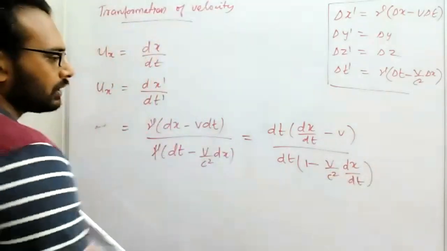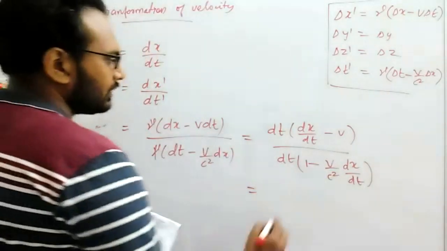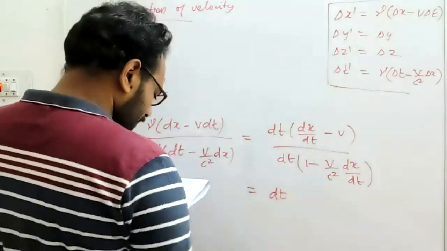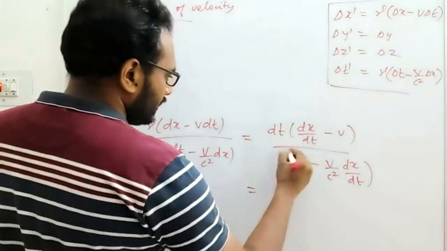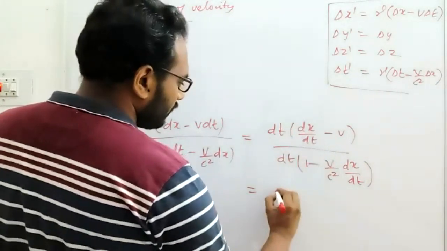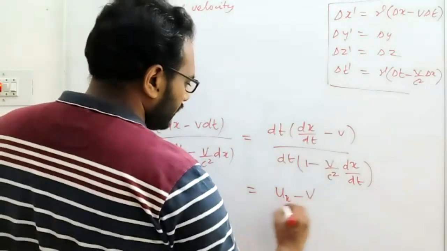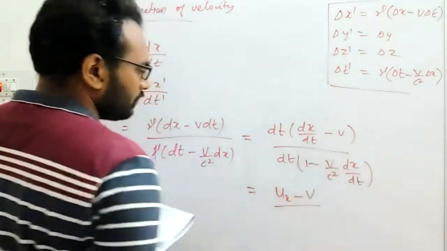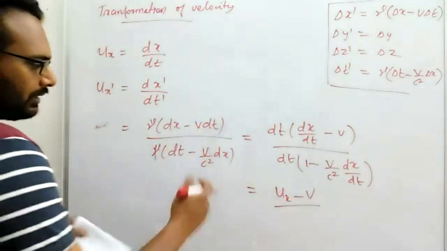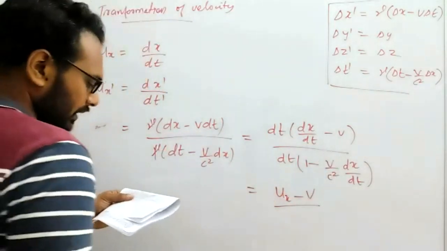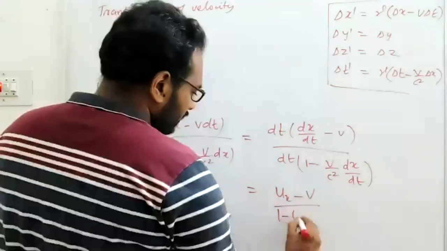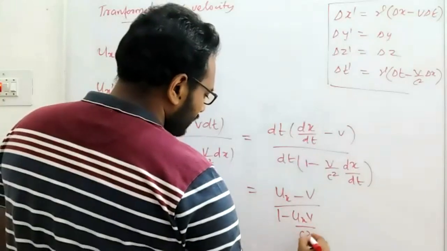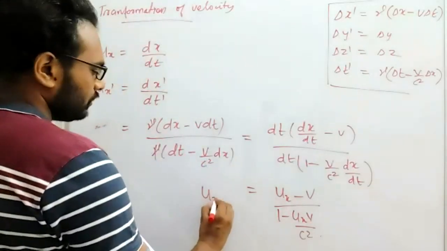But dx by dt is already ux, and dt gets cancelled, so you have ux minus v divided by 1 minus ux v by c square, where v is the relative speed of the frame. So this is ux prime.